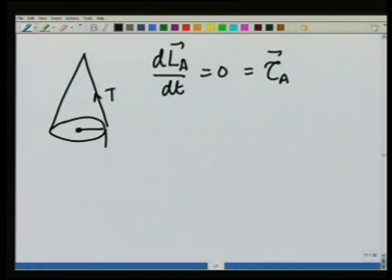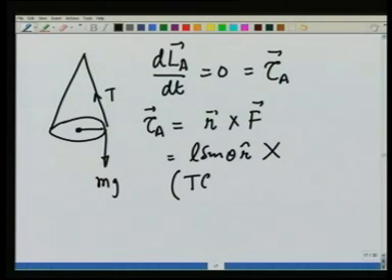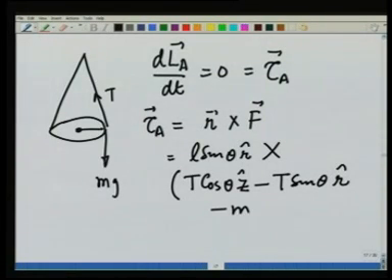Let us calculate torque about point A, using a strictly mathematical definition, R cross F. R is L sine theta in the R direction, cross F, which is T cosine theta in the Z direction minus T sine theta in the R direction minus mg in the Z direction.